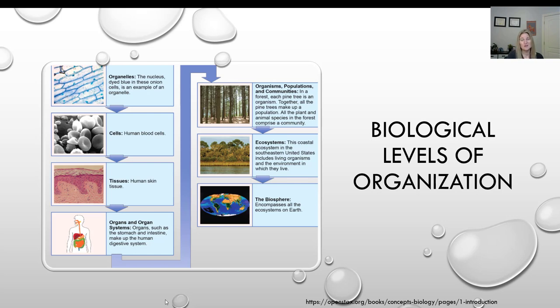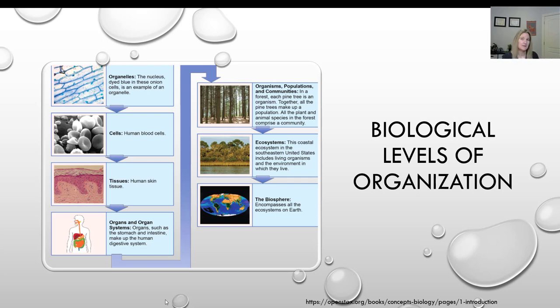Or maybe I want to study the organism level, so looking at an individual, such as a squirrel in my backyard. Or maybe I want to look at the population of squirrels and see what they're doing. Or maybe I want to look at how the population of squirrels are interacting with the population of dark-eyed juncos and the Douglas fir trees and so forth, and looking at the community aspect. Or maybe I want to look at how the abiotic non-living environment is impacting what can live there.